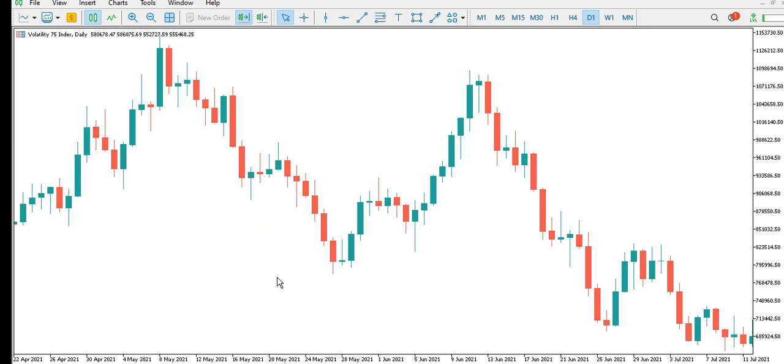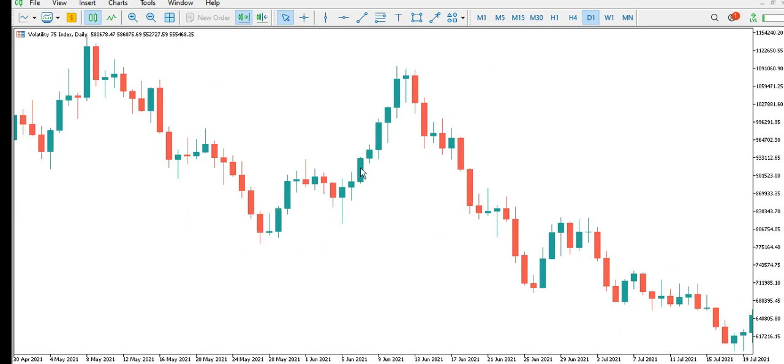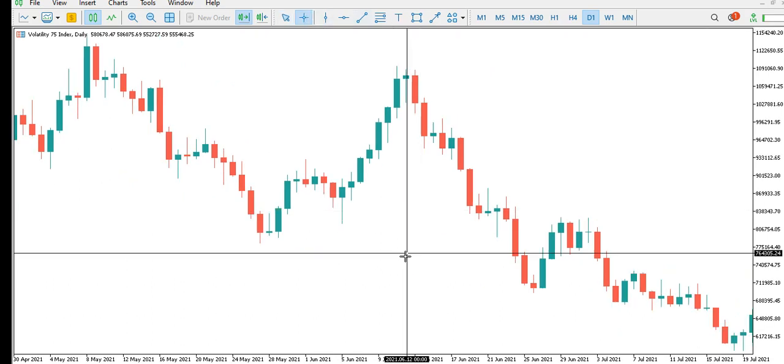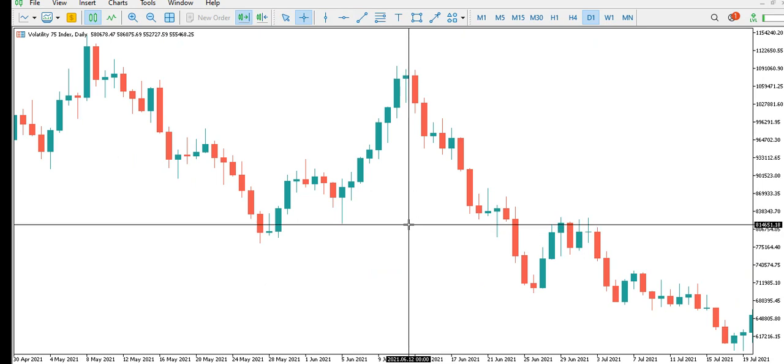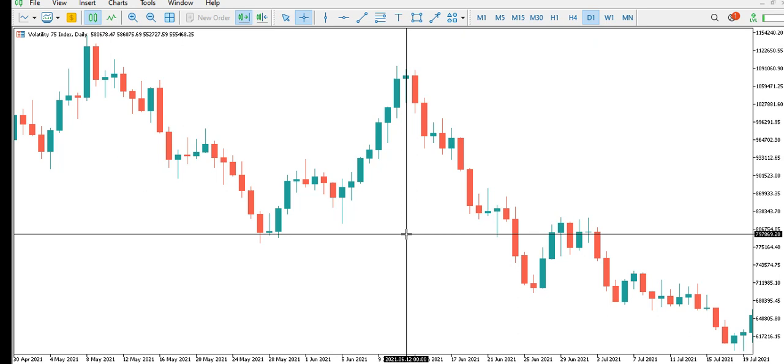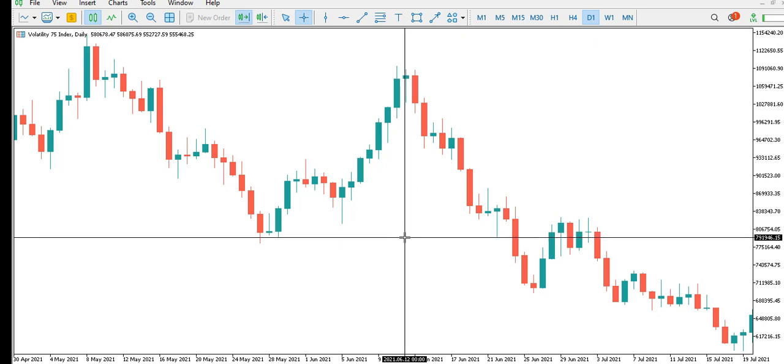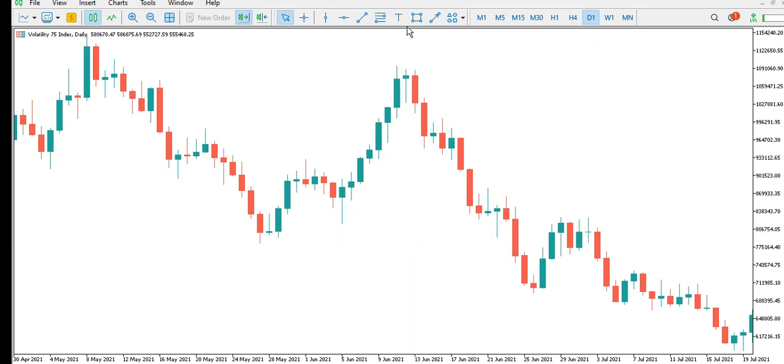I want a normal order block, not these breaker blocks. I don't want to confuse you. Now this is a break of market structure here. We're supposed to take our sell entry where?